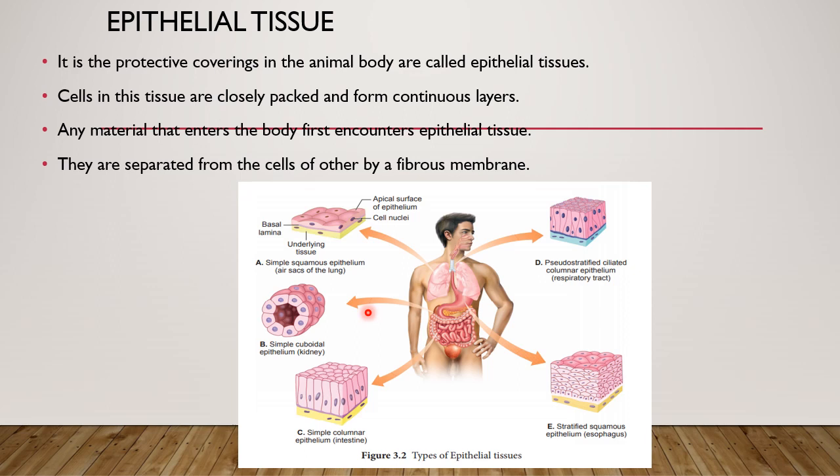So understood, epithelial tissue is the protective covering in animal bodies, and the cells in this type are closely packed and form a continuous layer. And what are the functions? The functions are, obviously, protection, because they form the first part of the skin, for example.